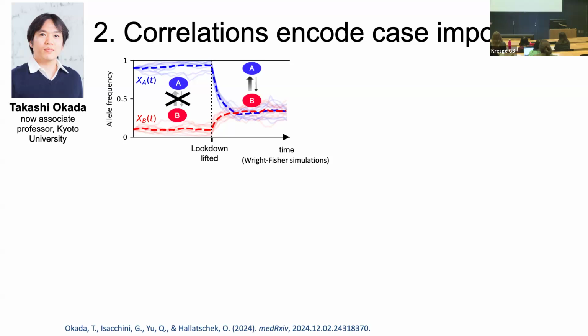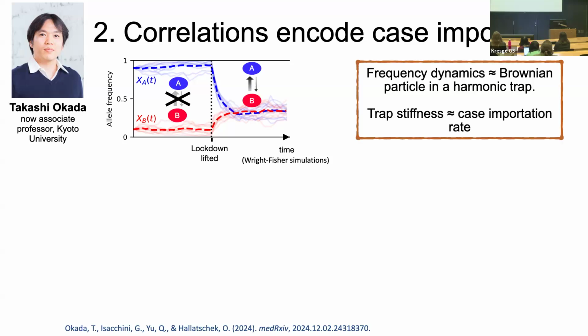So by looking at the dynamics of what these frequencies are doing in different regions and correlating them, maybe we have a chance of getting at these arrows of importation rates, and even in a kind of directed manner. And that's indeed a signal that you can see.